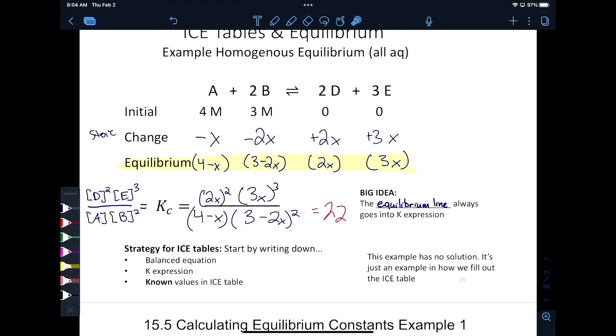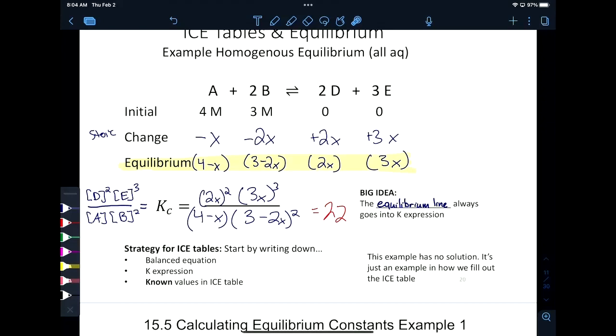But at the same time, I gain a 2X amount of D and a 3X amount of E. Then you add up your columns, and the big idea with ICE tables is that the equilibrium line is what goes into your K, your equilibrium constant expression. So then we got this crazy looking expression here. This has no solution to it, but you could in fact solve it if I gave you an actual K value.